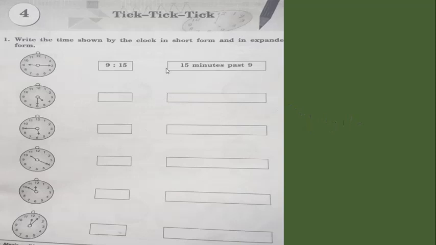As we know, this is one kind of clock. Look here. If this clock is given to us, I do not write all the numbers on the clock. Just look at the time after 12 up to 6. The time after 12 up to 6 is read as past or after.